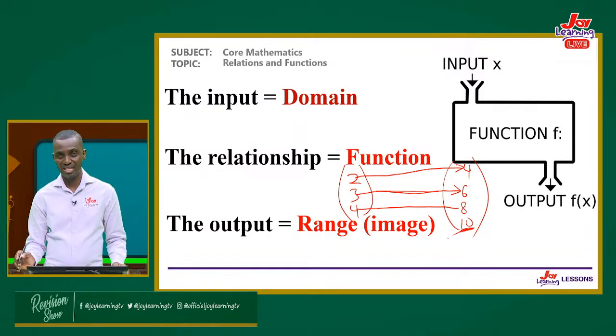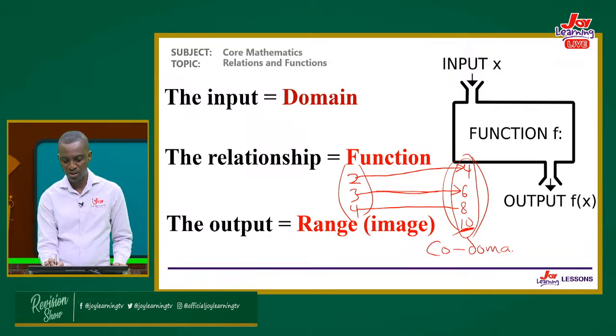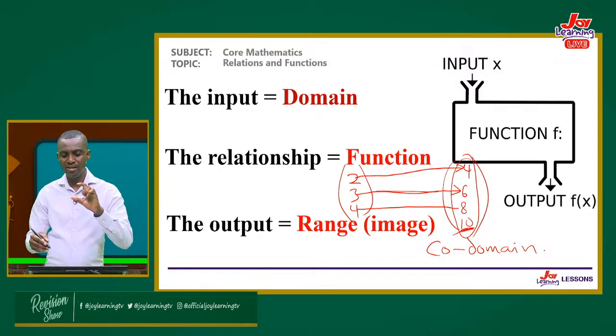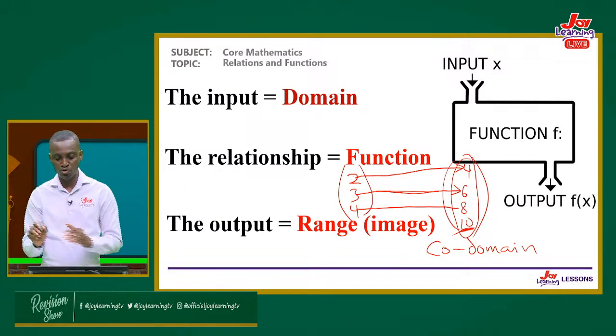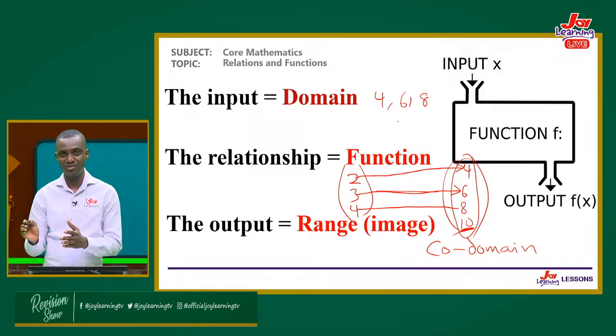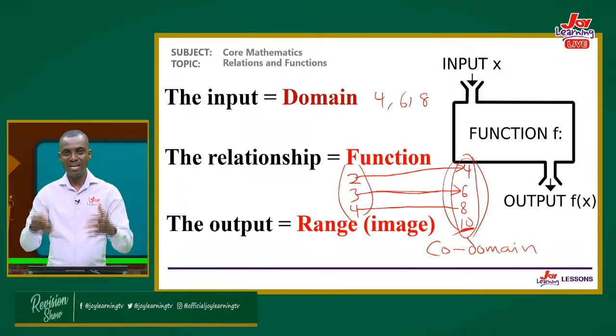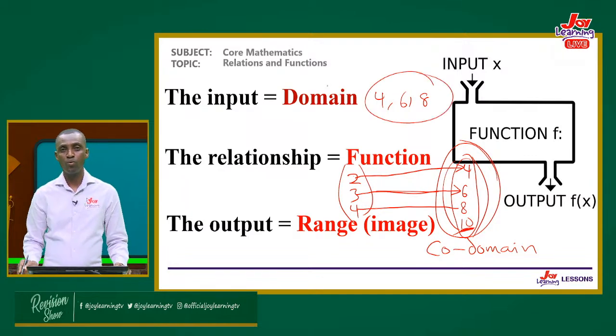number mapping to 10. Now the whole of the numbers in this set is called the codomain. Codomain, okay? But the ones that the elements in X are mapping onto, which are 4, 6, and 8, are called the range. So all the elements in here are the codomain, but the ones having a direct relationship are called the range.